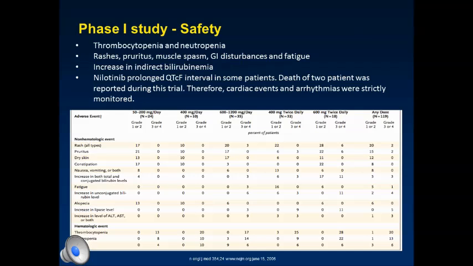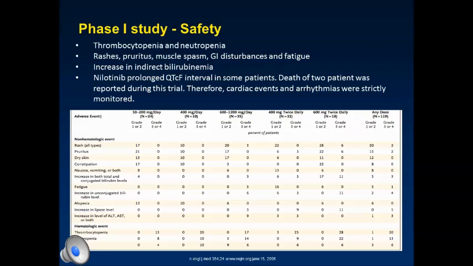Next is the safety. After administration of nilotinib, a number of side effects were reported and observed during the phase 1 study. Some of them are thrombocytopenia, neutropenia, rashes, muscle spasm, GI disturbances, fatigue, and increase in indirect bilirubin. Nilotinib also prolonged the QT interval in some patients, and the death of 2 patients was reported during this trial.